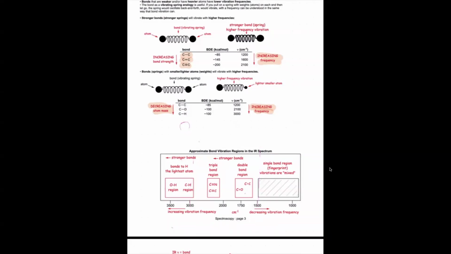So look, we just have to do this every so often. Okay, so we've got a carbon, and let's say we have another carbon. Then we have a hydrogen. And let's say that these lie on the same axis.